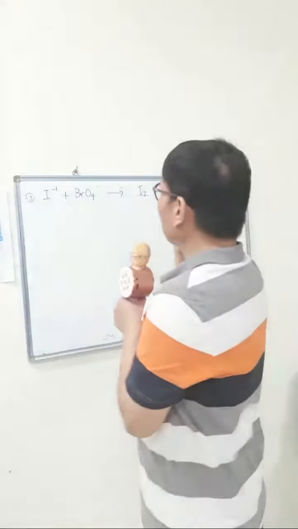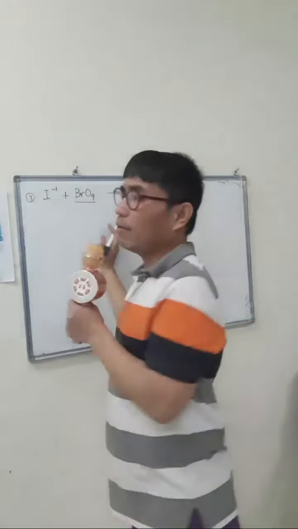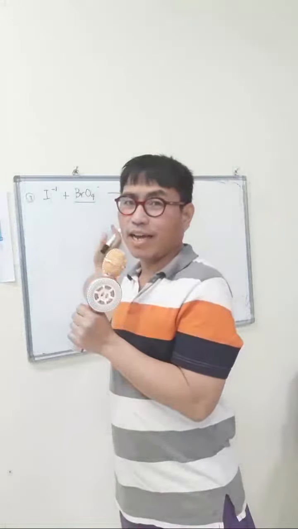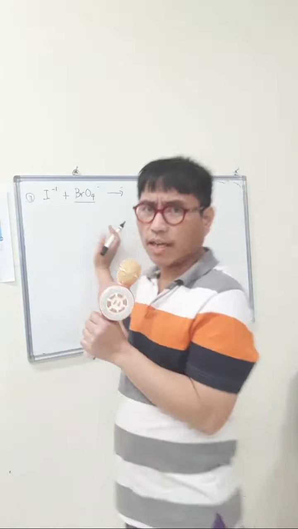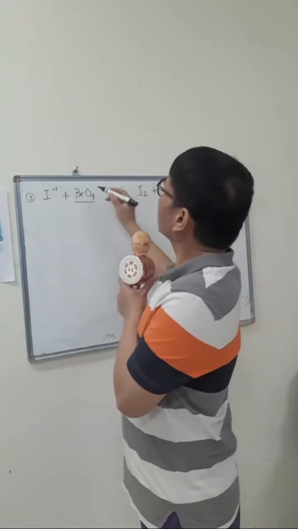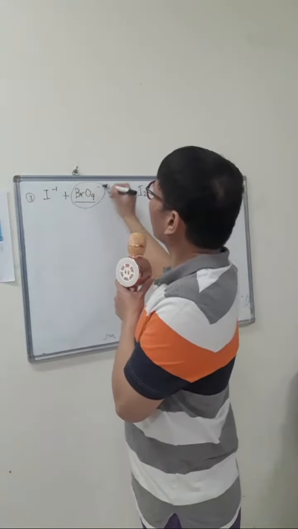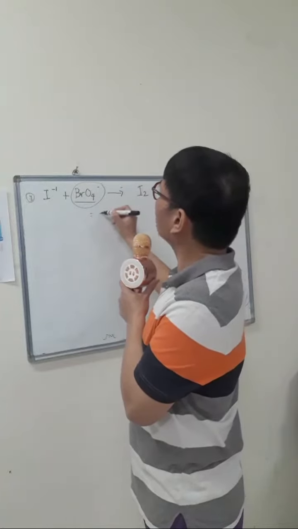In the case of bromate, bromate is a polyatomic anion, as I told you, and a salt. So the overall charge is equal to -1.